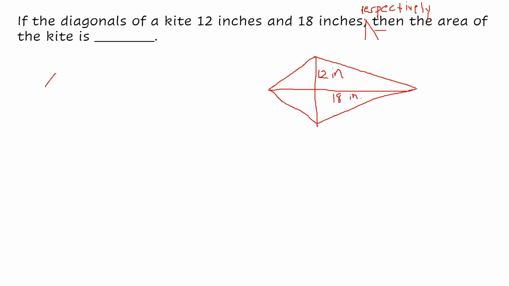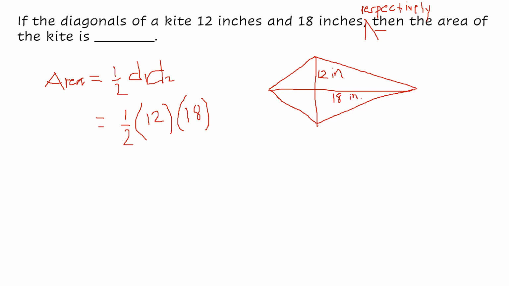Remember that to solve for the area of a kite is equal to 1/2 of the product of the two diagonals. So let's assume D1 is the diagonal 1 and D2 is the diagonal 2. So by substitution, 1/2 times diagonal 1 is 12 and diagonal 2 is 18.